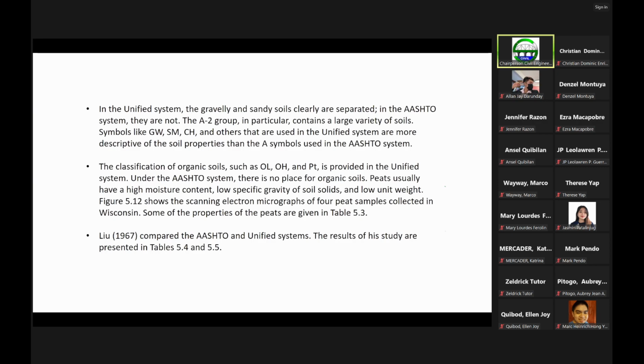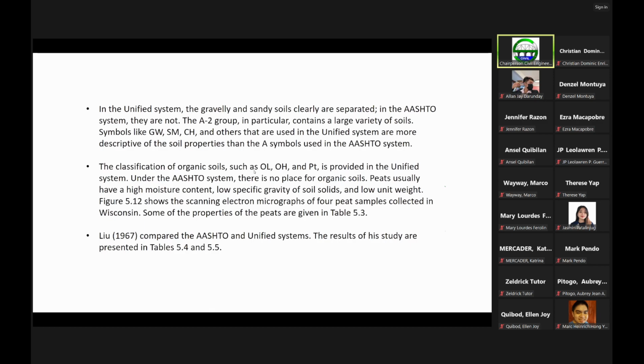Now, just a comparison between the unified and the AASHTO systems. In the unified system, the gravelly and the sandy soils are clearly separated, while in the AASHTO system, they are not clearly separated. The A-2 group in the AASHTO system in particular contains a large variety of soils, like well-graded gravel, silty sand, and high plasticity clay, and others.